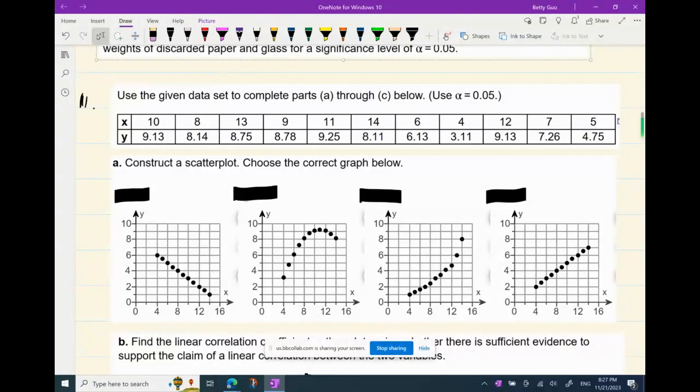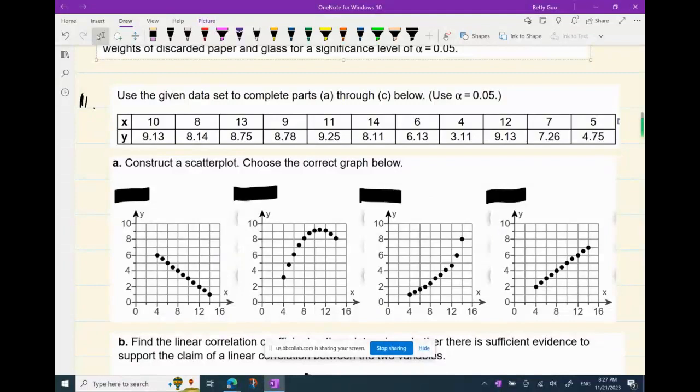Suppose the values of the two variables are given. We have a sample from variable x and a sample from y, and the two samples have the same size. Let's go to stat, edit.